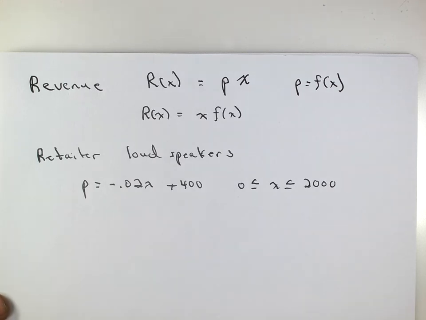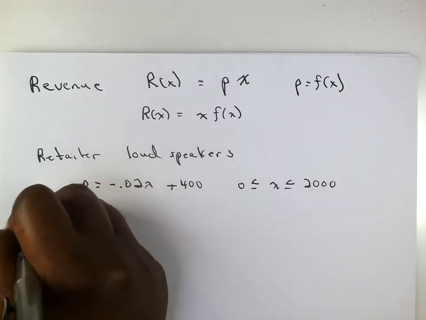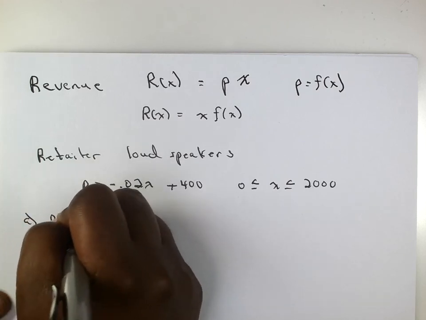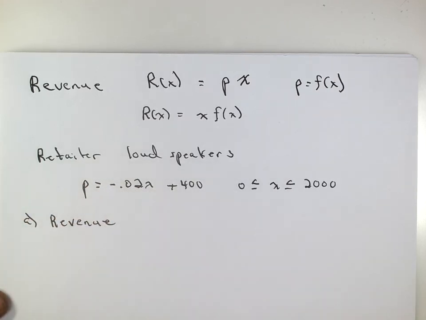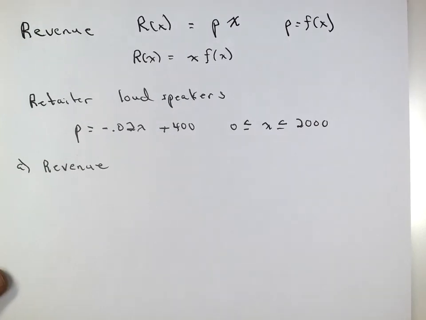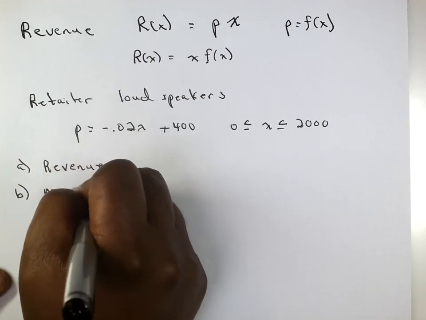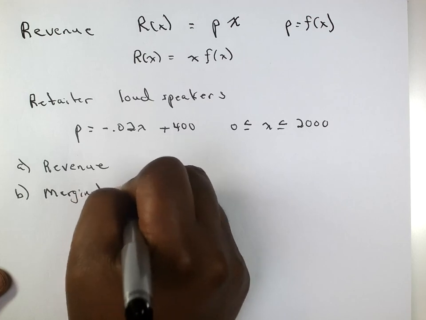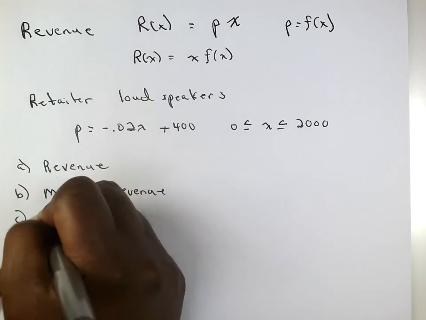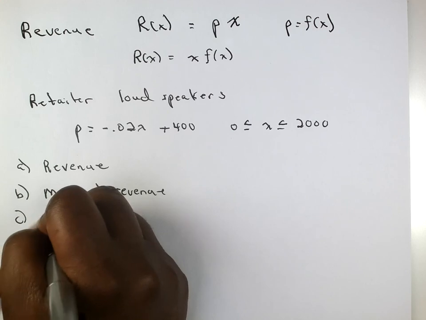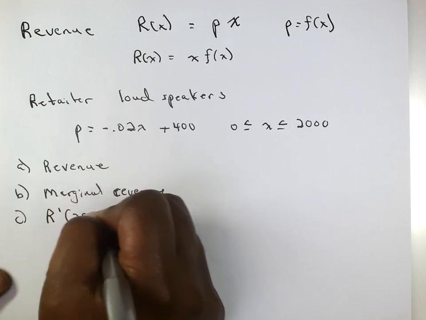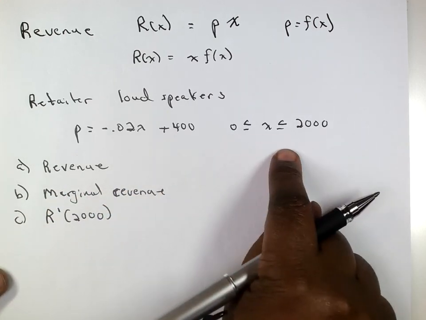I want to find the revenue function, and then I want to find the marginal revenue. So again, whenever you're talking about finding marginal revenue, profit, cost, it's just taking the derivative. So first we're going to find the revenue, and then find the marginal revenue, and then I want to evaluate that at 2,000 units. So it's right at the edge of when this function holds.